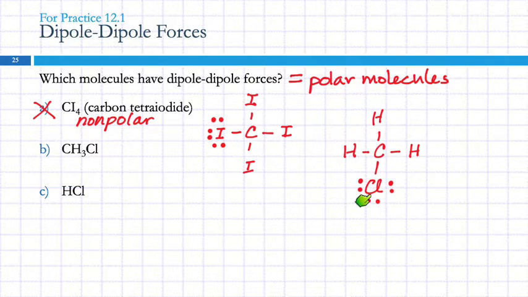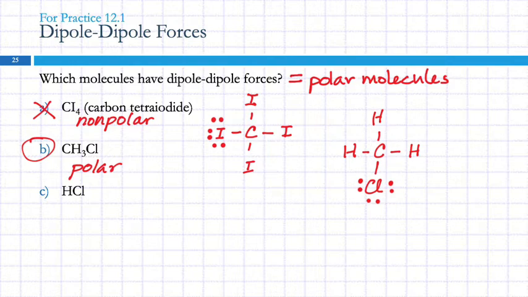No. Chlorine's different. Chlorine is more electronegative than hydrogen, so this is going to have an uneven distribution of electrons. It's going to be polar. It's lopsided. It's not symmetrical. So this one's polar, so it will have dipole-dipole forces.